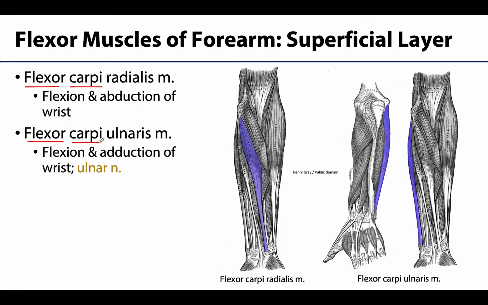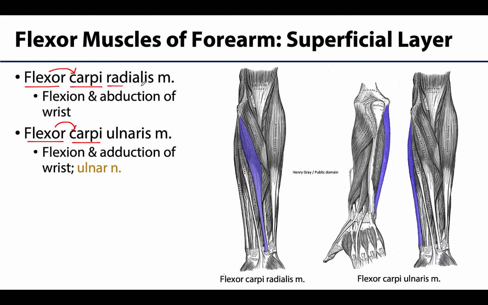Carpi is indicating that this will attach on the carpus region, or some of those carpal bones, and will have a direct relationship in terms of what's flexing. So what's flexing? Well, it's the carpus, or the wrist region, when these muscles contract.